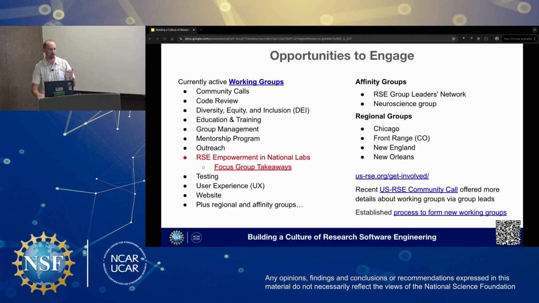But there are discussions in terms of how to coordinate work better across the organization. For example, many organizations, as was cited in that focus group, don't have clear software engineering standards and practices that are expected across the organization.